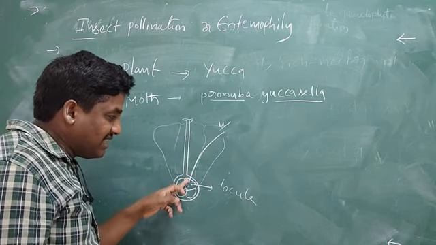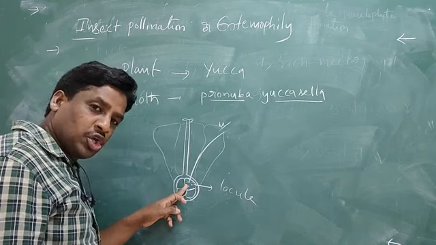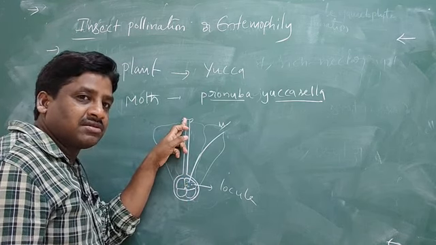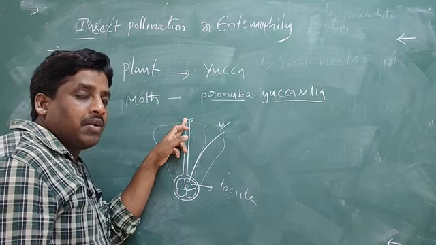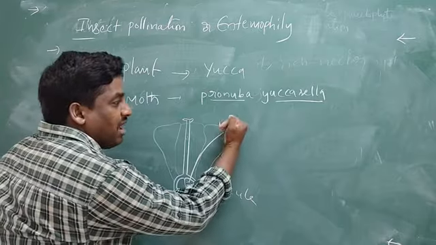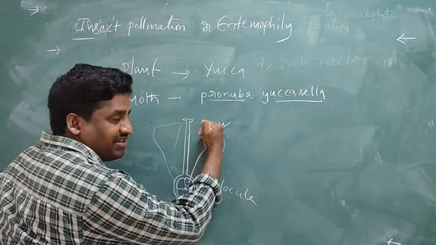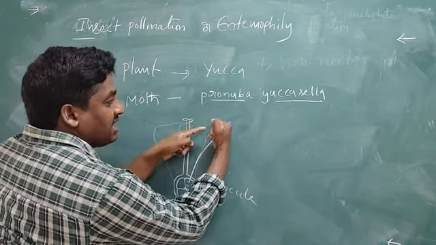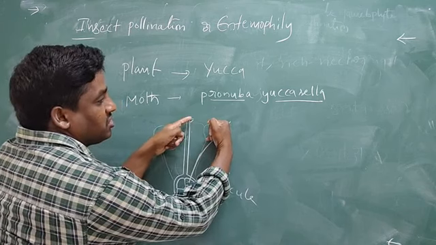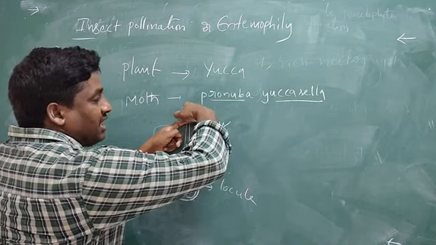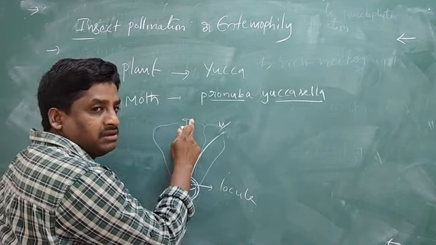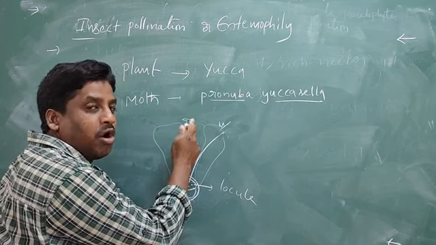Whenever it deposits its eggs in the locule, the flower gets pollinated. How? Whenever this insect lands on the flower, pollen grains present on the insect's body get attached to the stigma. That's why this flower turns pollinated.